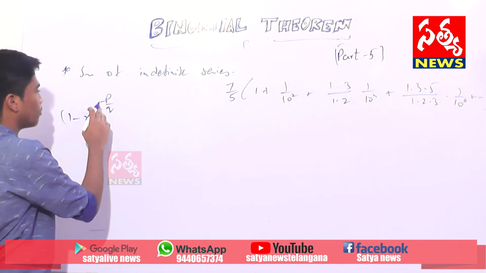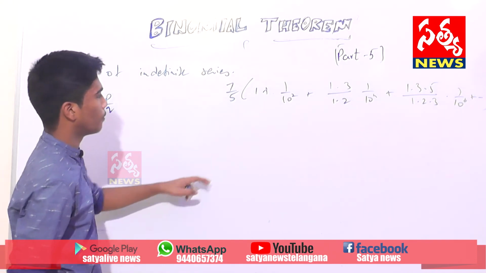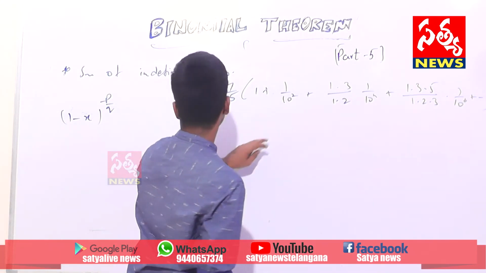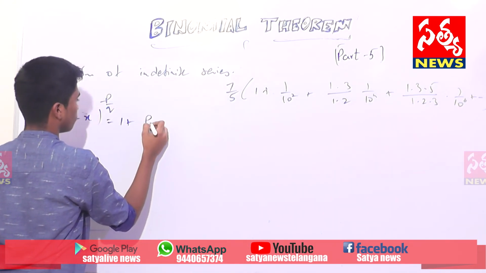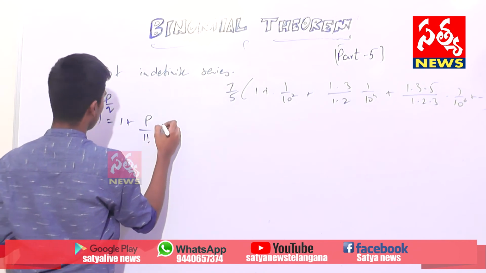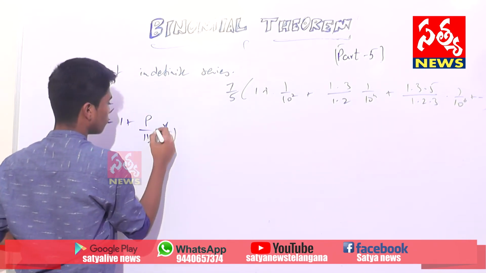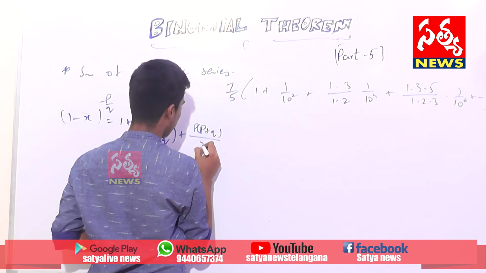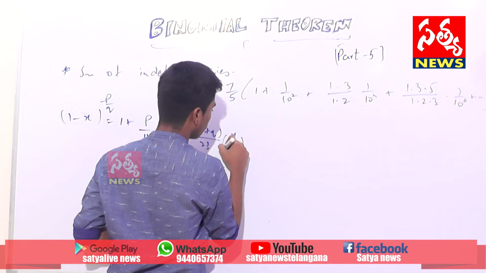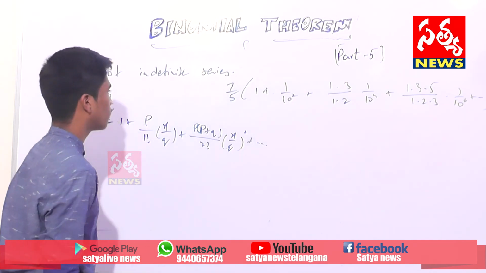Now see the expansion: 1 plus p by 1 factorial x by q plus p into p plus q by 2 factorial into x by q whole square plus so on.